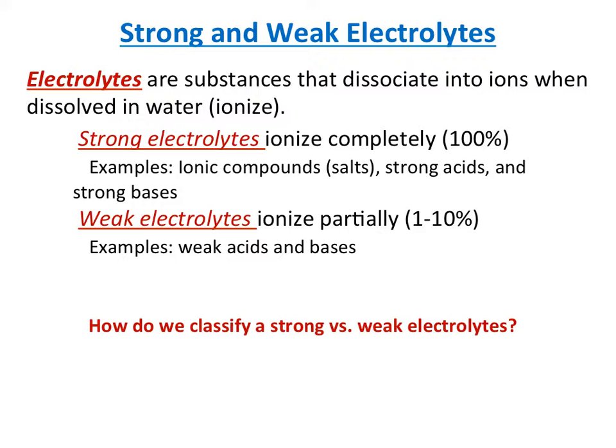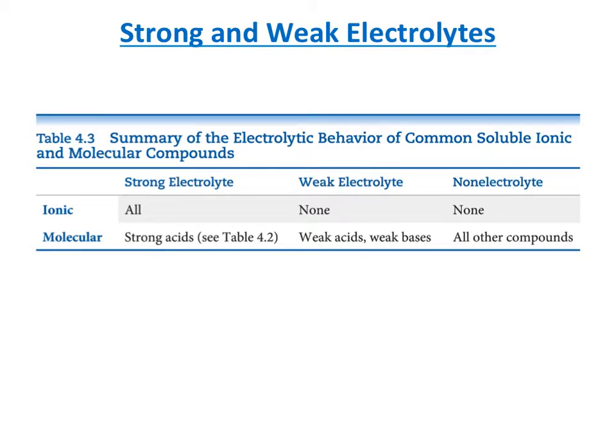One of the things you should be able to do is classify a strong versus a weak electrolyte. Really, if we just remember this table and understand that there are two classes of compounds, we either have ionic compounds or we have molecular compounds. All ionic compounds are strong electrolytes.